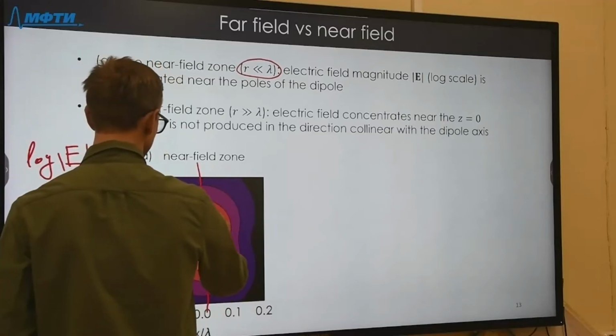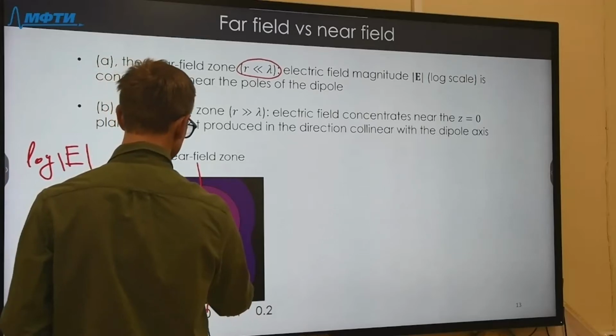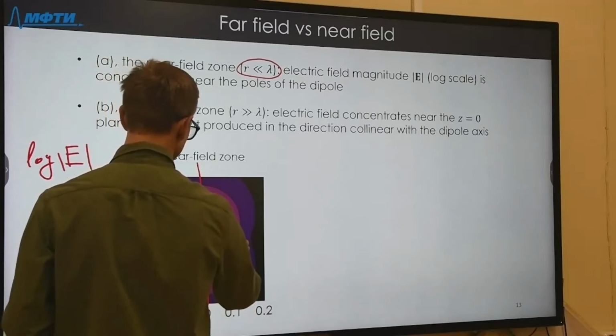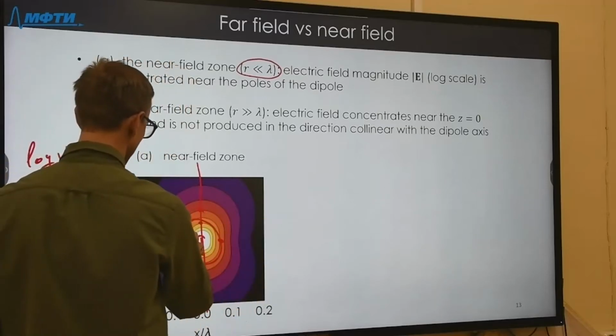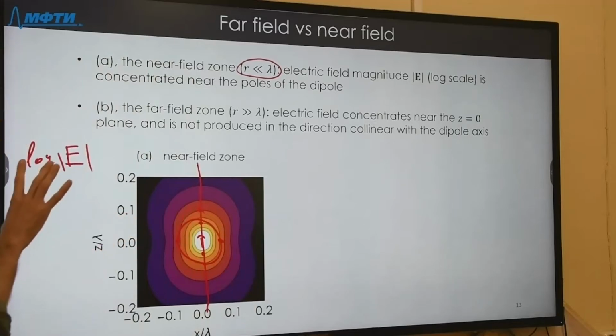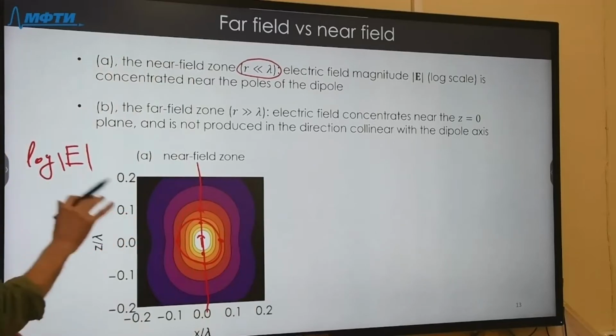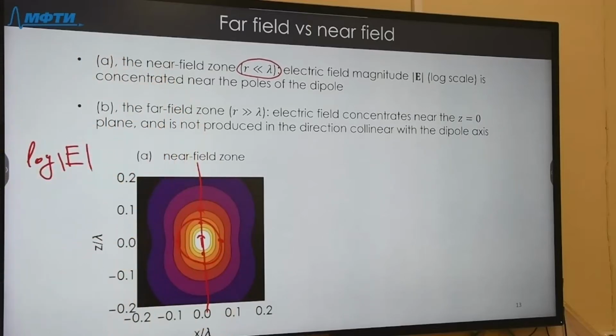So here, around the poles, the field is more concentrated, more intense than on the equator of the sphere. Okay, so you can remember from this picture that in the near field of the dipole, the field is more intense on the axis of the dipole.